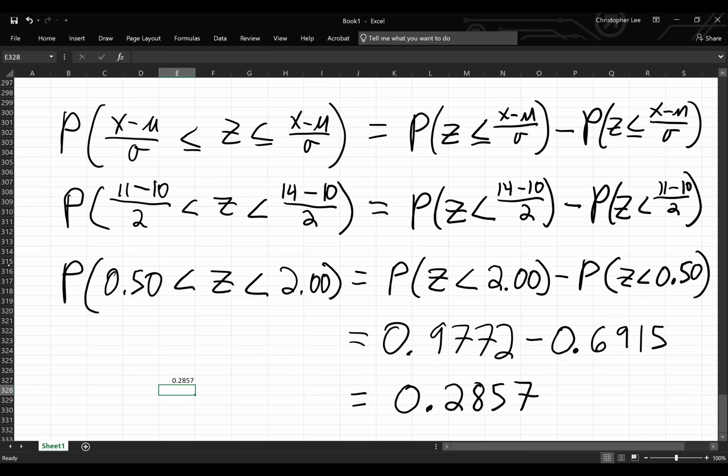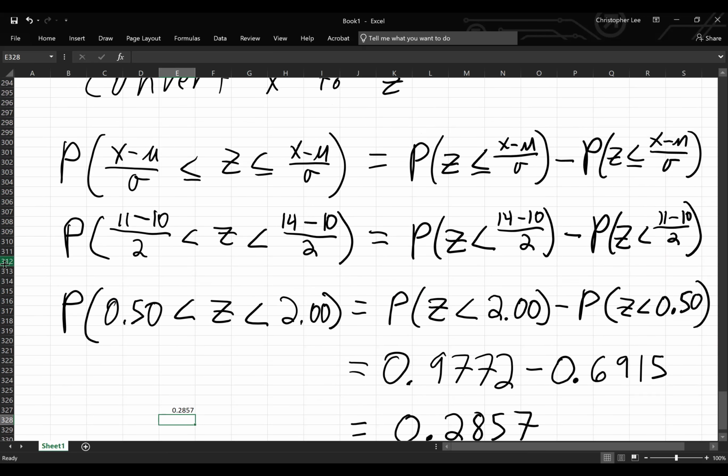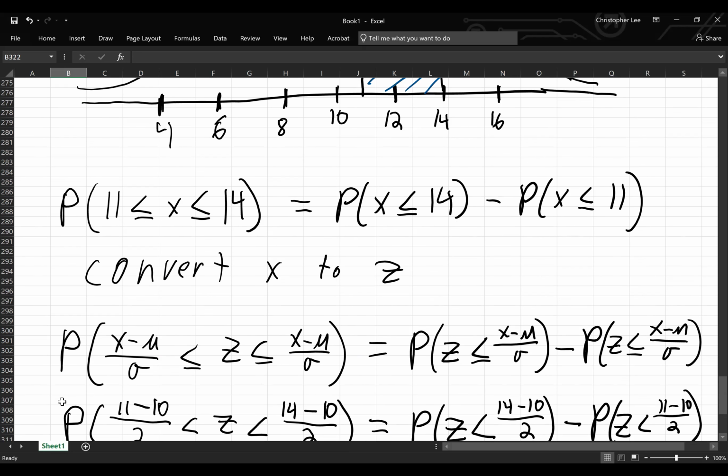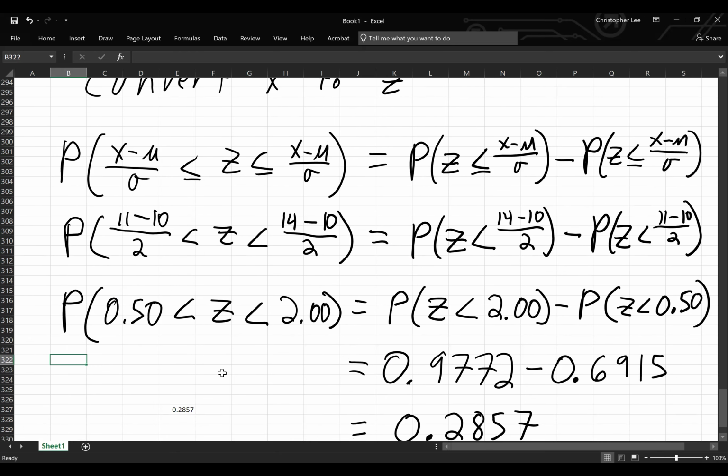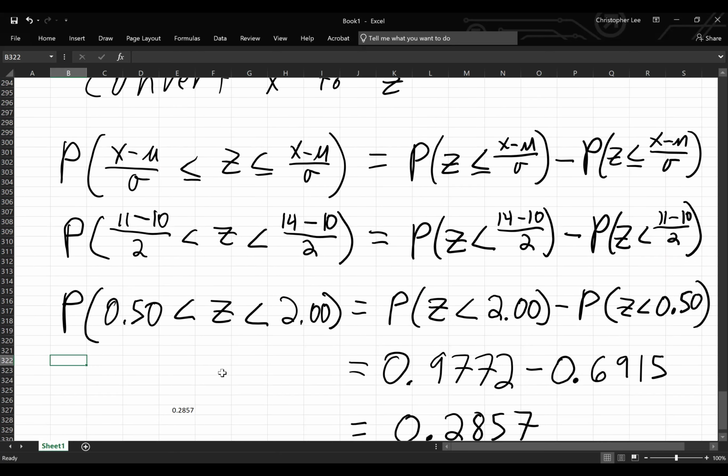If you wanted, you could go from this line right here to this line if you know how to do it. For the formula, the second one is him plugging in the numbers that the problem gives us. And then the third one is the answer.